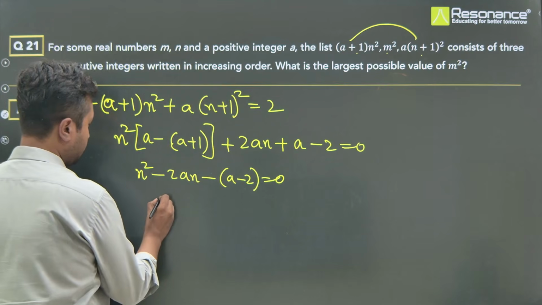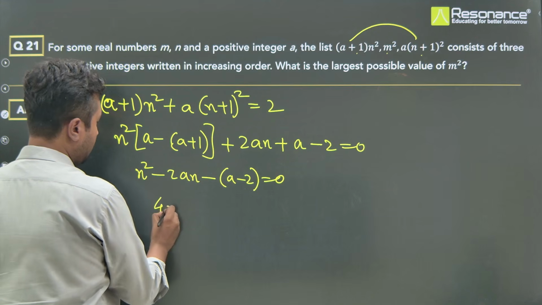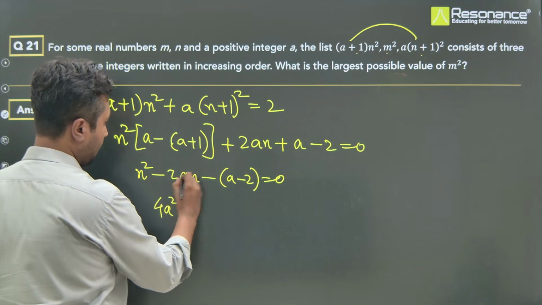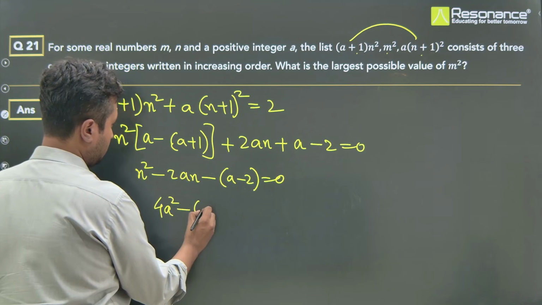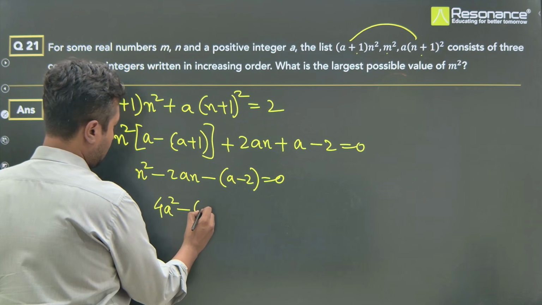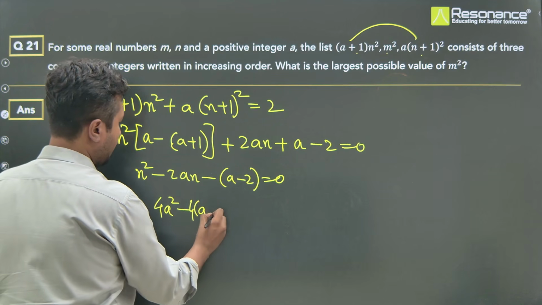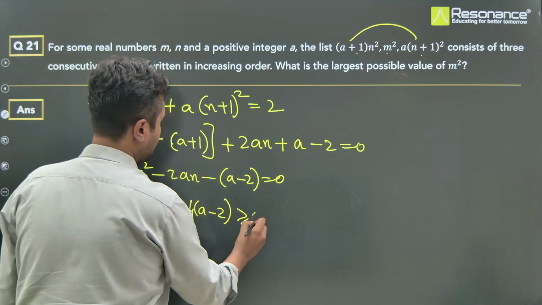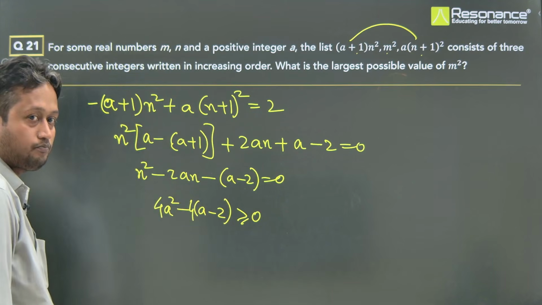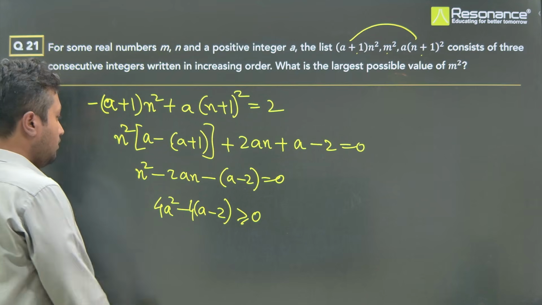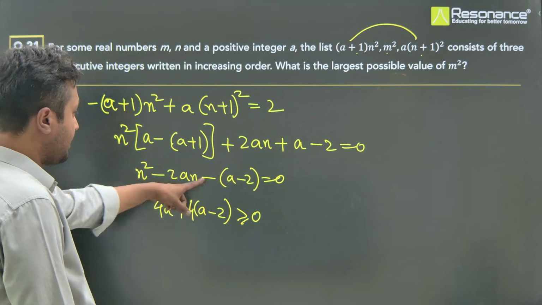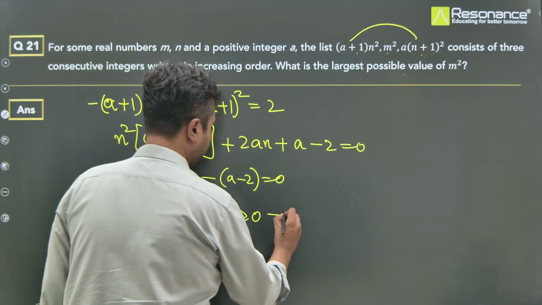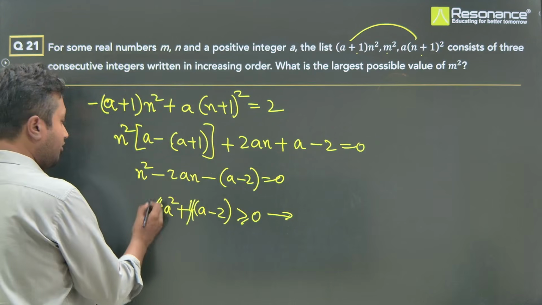So 4a^2 minus 4 into (-1)(a - 2) must be greater than or equal to 0. It should be plus because we have a minus sign there as well. So you can remove the common 4.